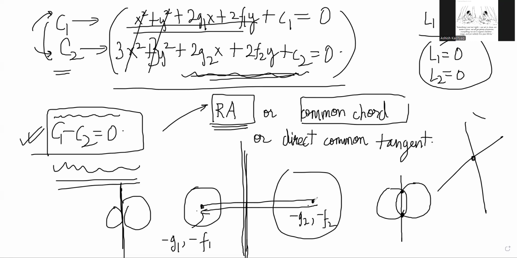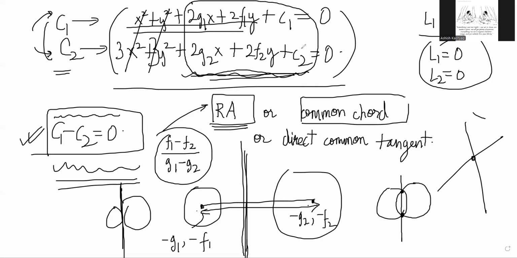Tell me the slope of O1O2. It is (-f2 + f1) upon (-g2 + g1). Yes sir. What is the slope that you get on subtracting, what line equation is coming? 2(g1 - g2)x + 2(f1 - f2)y + c1 - c2.